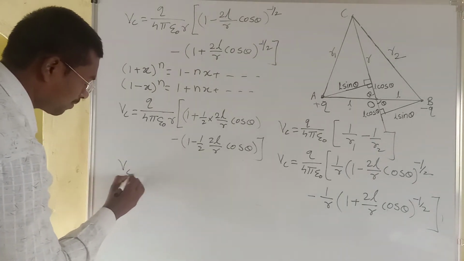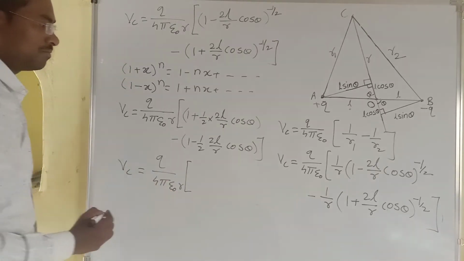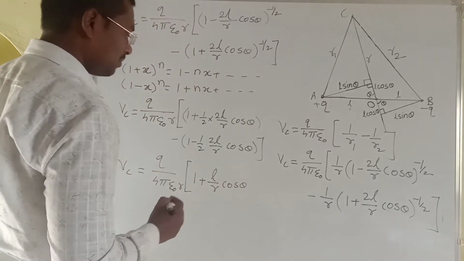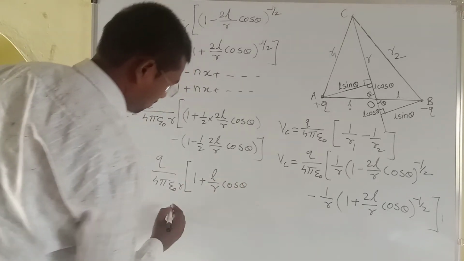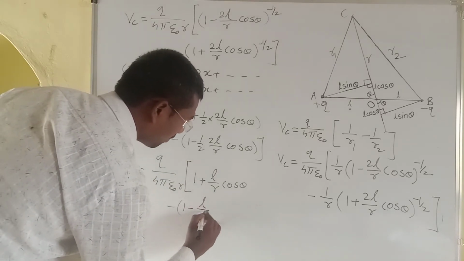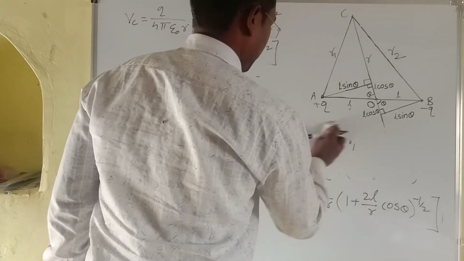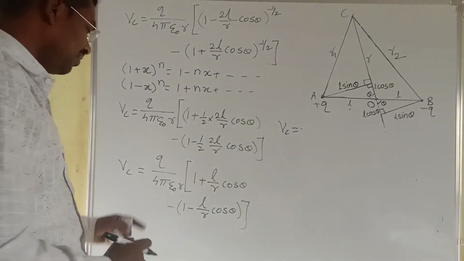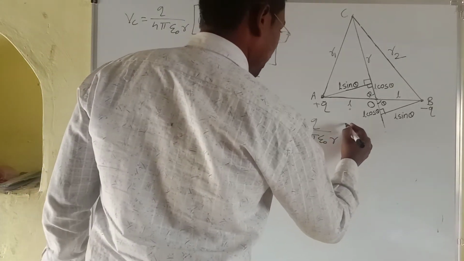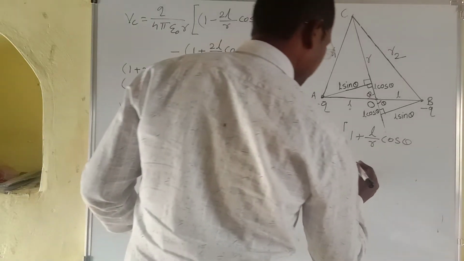Therefore, V_C is equal to Q upon 4πε₀R into bracket 1 plus, this 2 gets cancelled, L upon R cos θ, minus, into bracket 1 minus, this 2 gets cancelled, L upon R into cos θ. Therefore, V_C is equal to Q upon 4πε₀R into bracket 1 plus L upon R cos θ, and here is minus 1.